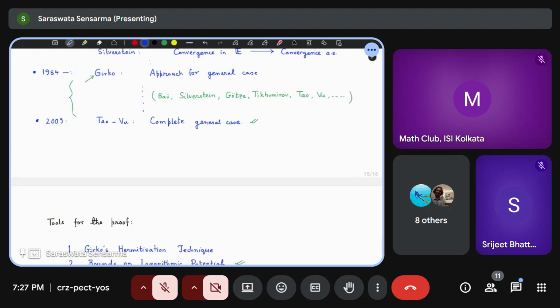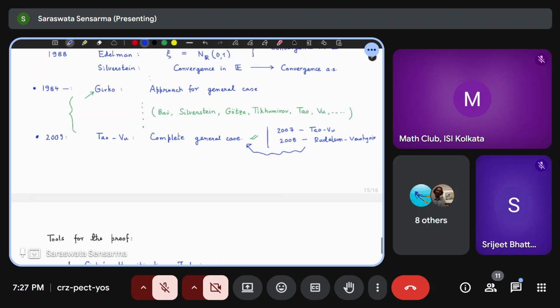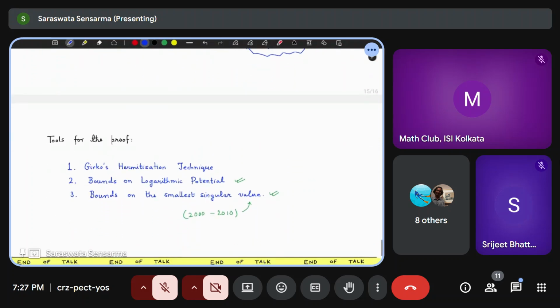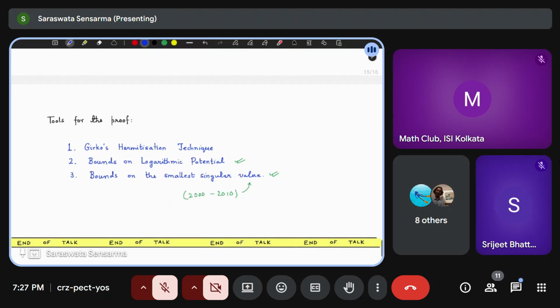In particular, in 2007, I believe, Tao and Wu gave bounds on the smallest singular value, which were later improved in 2008 by Rudelson and Vershynin, which effectively formed somewhat the basis of this proof. This was the last bottleneck in Girko's approach, which had to be removed, and that was finally removed in 2009.